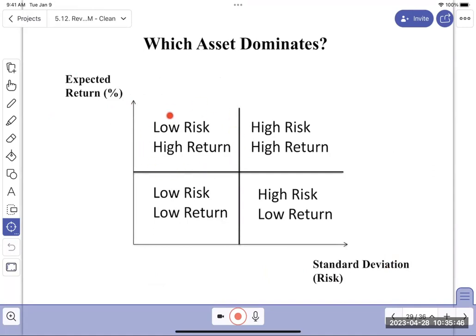If you have assets in a, what is the word I'm looking for? In a plane like this, you're going to choose the assets that are up and to the left, low risk and high return.